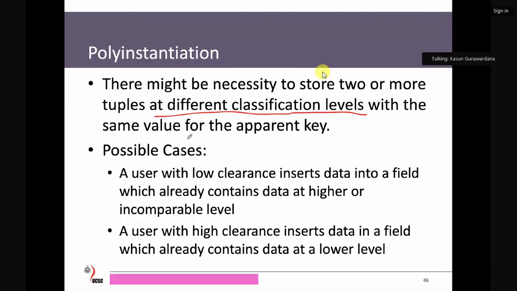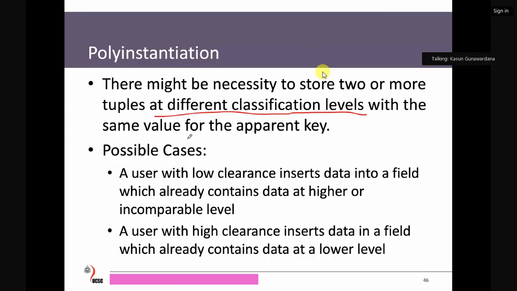But in a multi-level relational model, there can be multiple rows with index number 2000, having different classification levels.